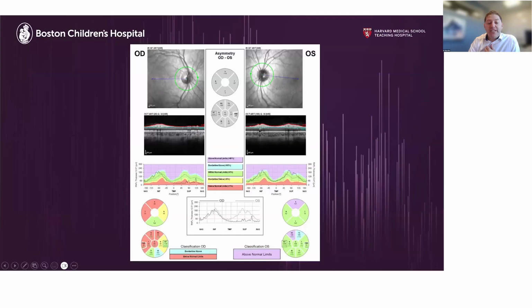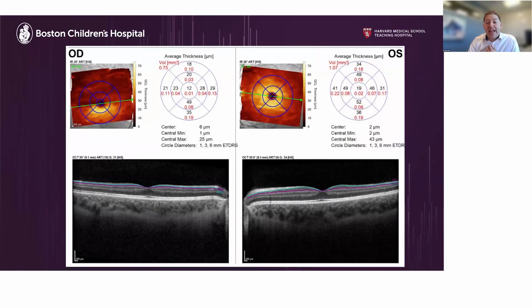If you look at her OCT, she has generalized thinning, especially in the area that corresponds to the RNFL associated with that quadrant. And if you look at her ganglion cell, and I think this is the most interesting part, it mirrors the visual field. Your superior macula tends to correspond with your inferior visual field.